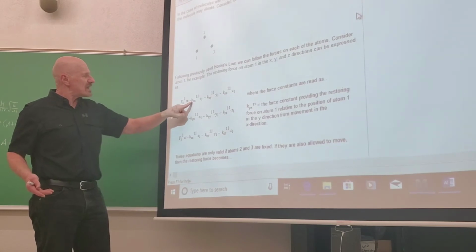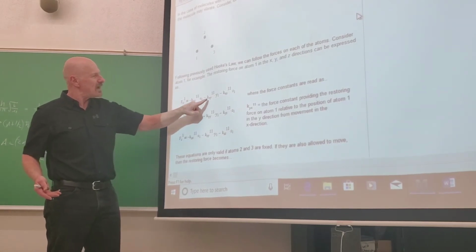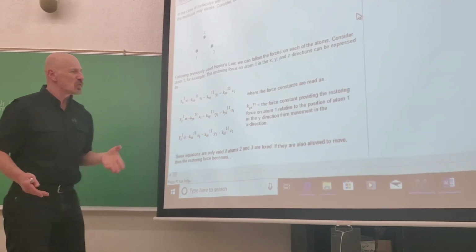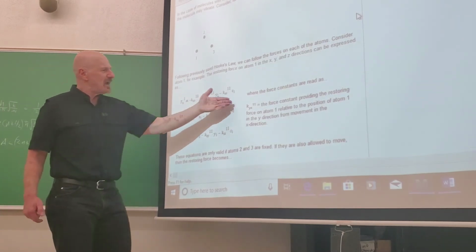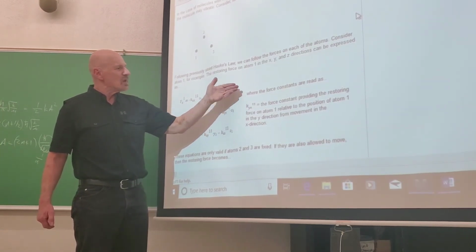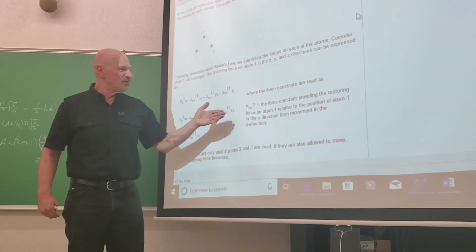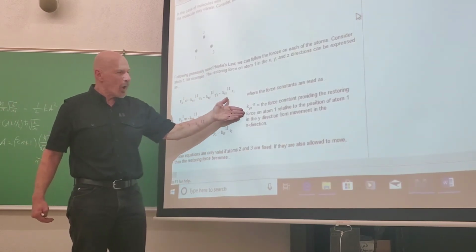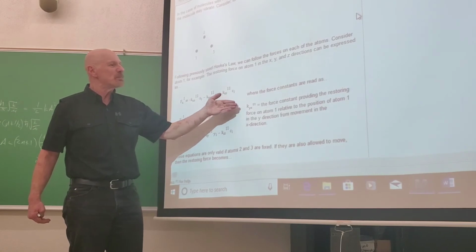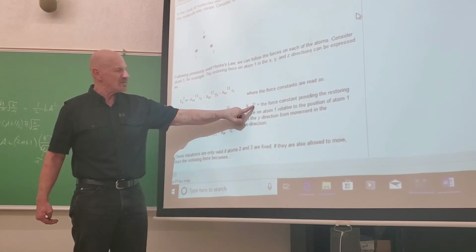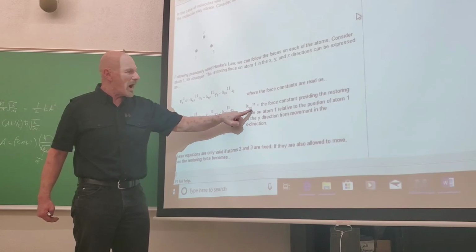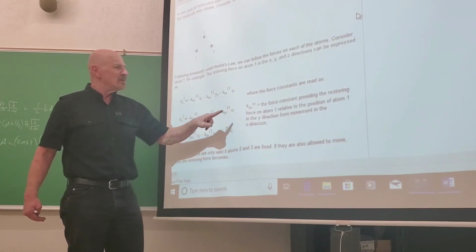So it's given as a kxx, a kxy, and a kxz, where it's read as k, for example, yx, is the force constant providing the restoring force on atom 1 relative to the position of atom 1, that's the 1, 1, in the y direction from movement in the x direction.